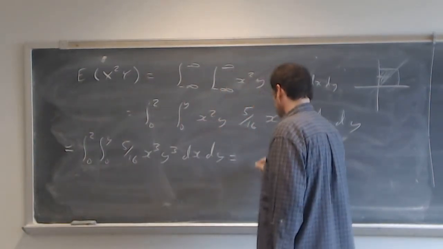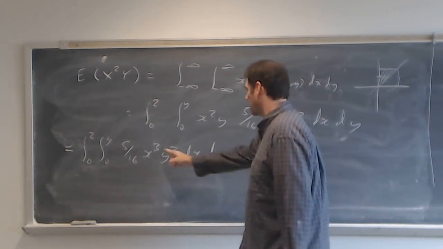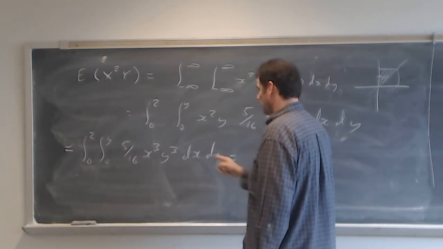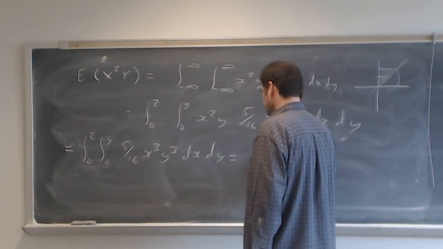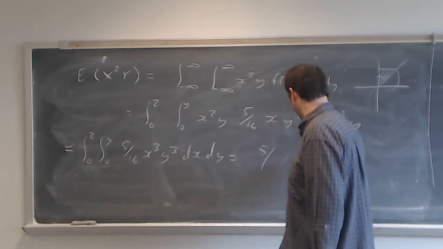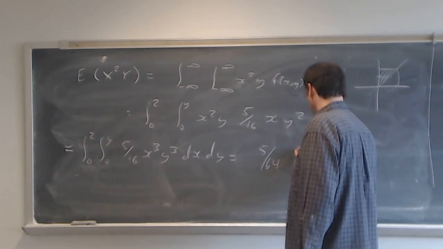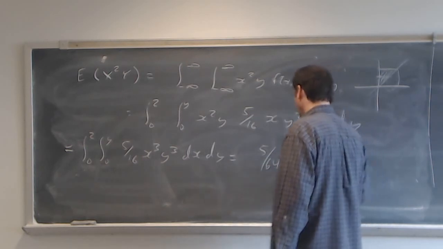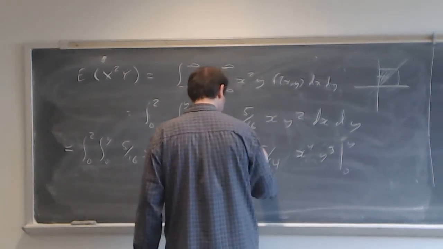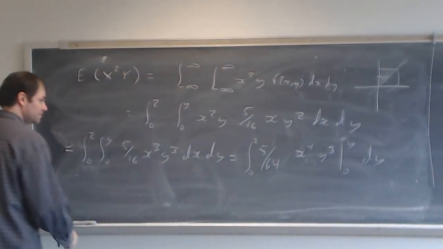Integrating with respect to x first, I'm going to get x to the fourth order. And so I need to divide by 4, making the constant 5/64. X to the fourth, y to the third, need to evaluate that from 0 to y, still need to integrate with respect to y over the region from 0 to 2.